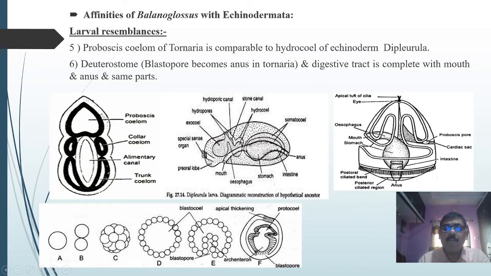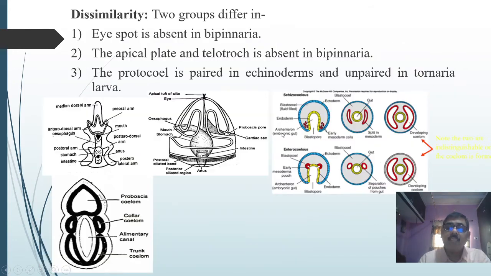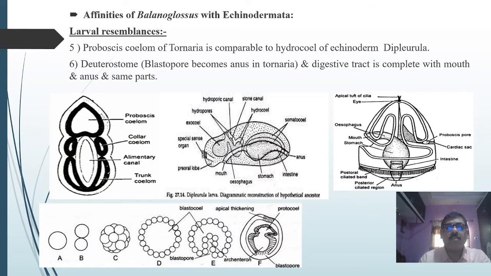This is a resemblance, a similarity, not a dissimilarity. If you observe the coelom in the embryonic stages, this is the proboscis coelom, and this is the hydrocoel of the dipleurula larva of the echinoderm, and these are comparable. So this is again one of the affinities, or similarities.